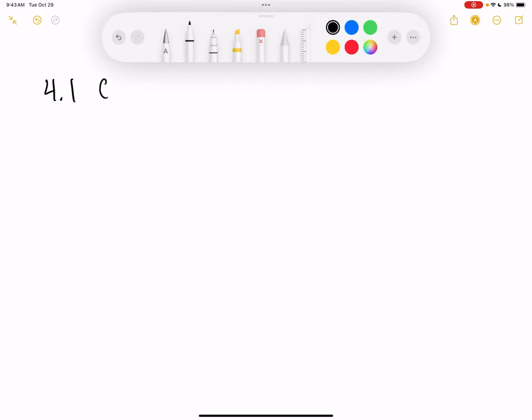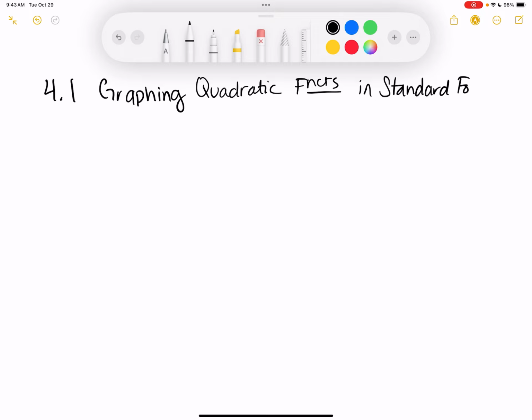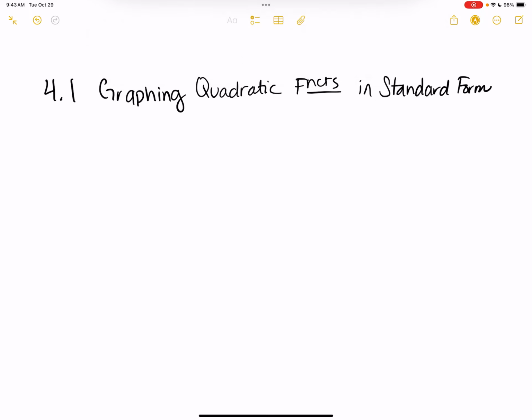1, graphing quadratic functions in standard form. Copy and complete the table of values for the function.